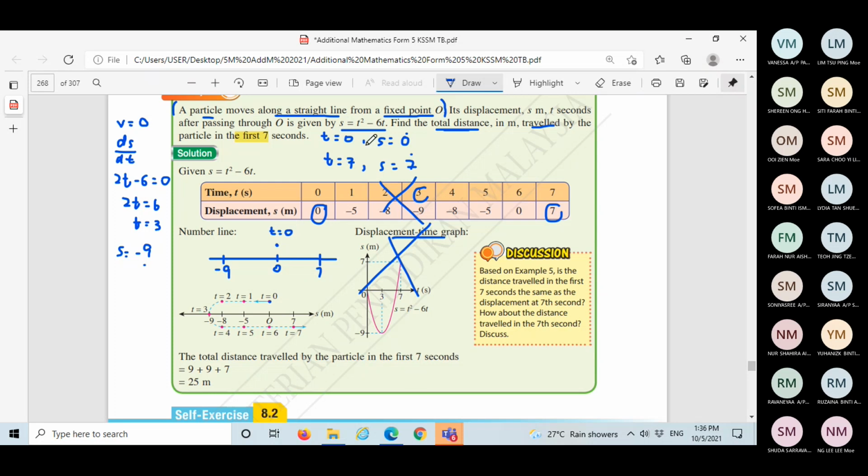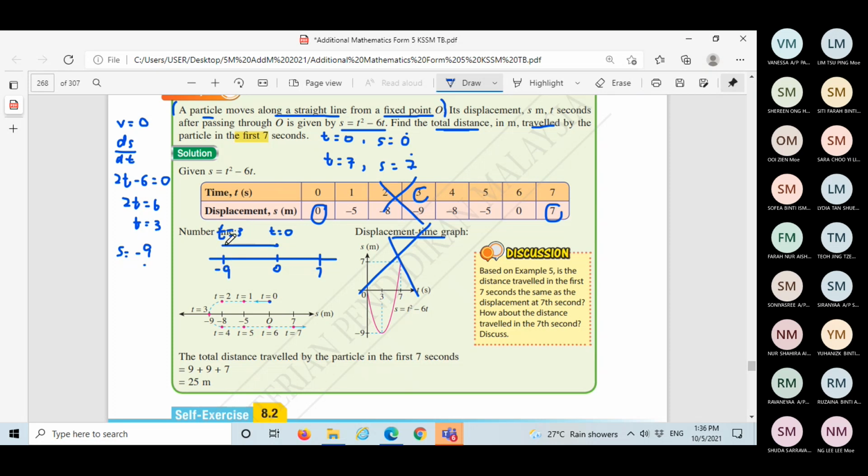After the t is 0, you don't go t is 7 first, you have to go t is 3. t is 3 is negative 9. So means from here to here. I don't care t is 1, t is 2, I don't care. t is 3, the particle is at negative 9. It's at here.